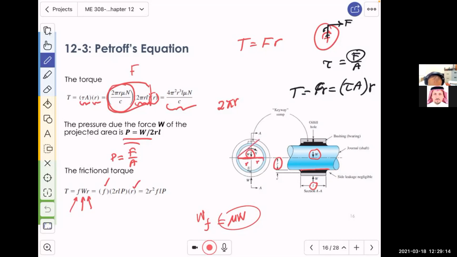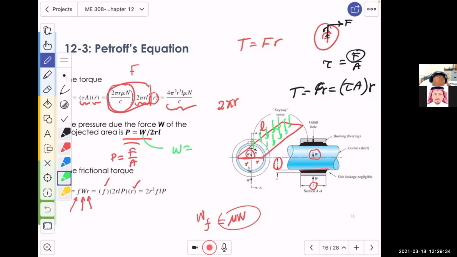And when I multiply them by the length L, I get the projected area. So here I am getting the pressure as the force over the projected area. In other words, W is equal to P times 2RL. Yeah, and this is why we put it here.